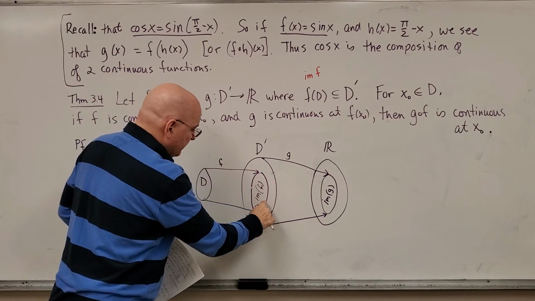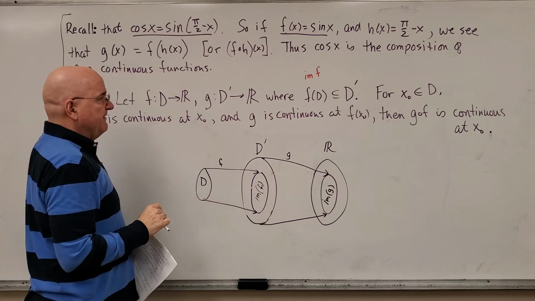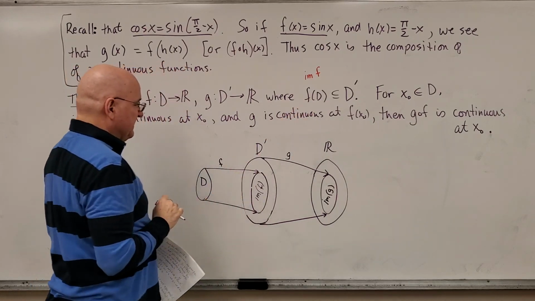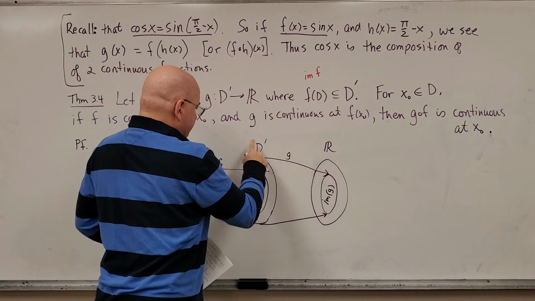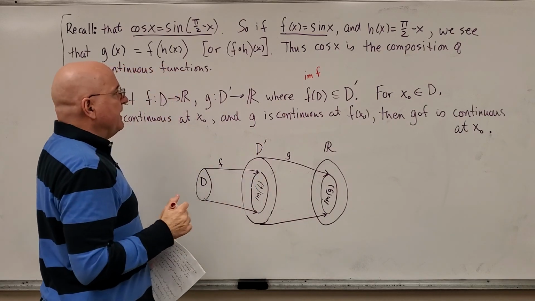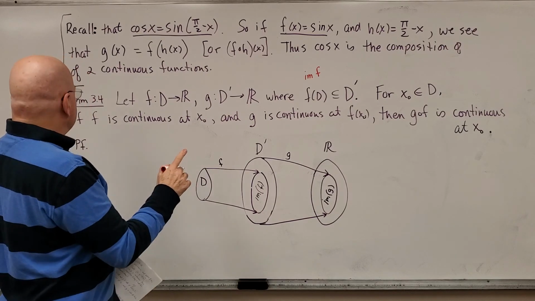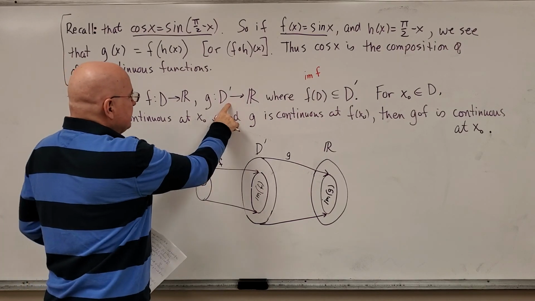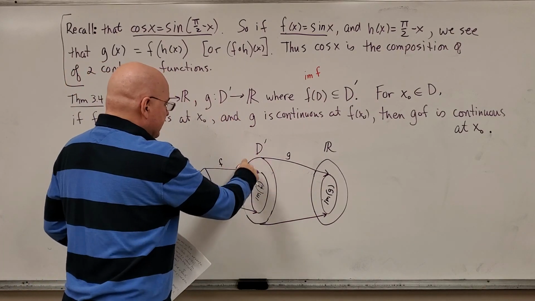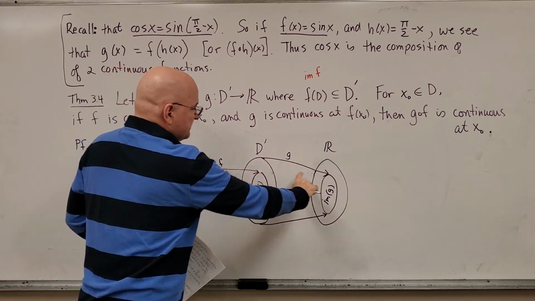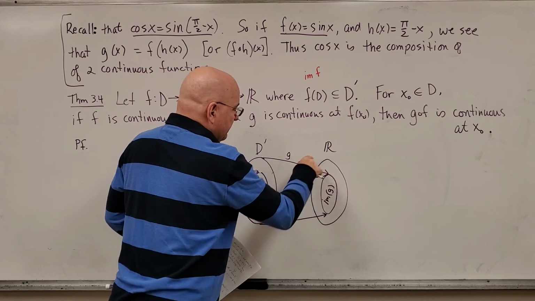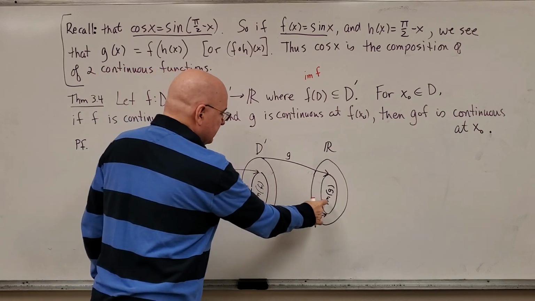It comes straight over into this set here. That's the image of f, or f of capital D. It's a subset of some set D prime that we're not going to worry about. And then the function g goes from D prime, this whole set, into some subset of the real numbers.